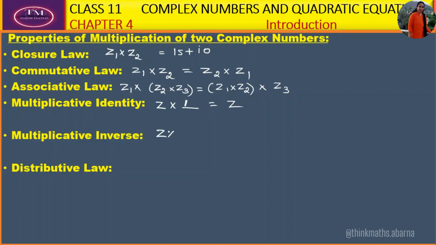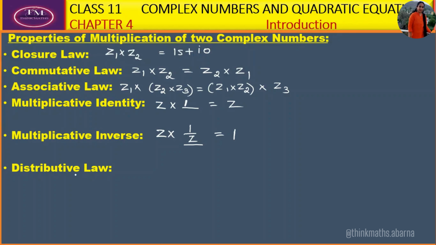Inverse means we have to multiply with some complex number to get the answer as 1. Who is that? It is 1 by Z. If you multiply Z with 1 by Z, you will get the answer as 1. So we will learn multiplicative inverse 1 by Z at the end of this session.